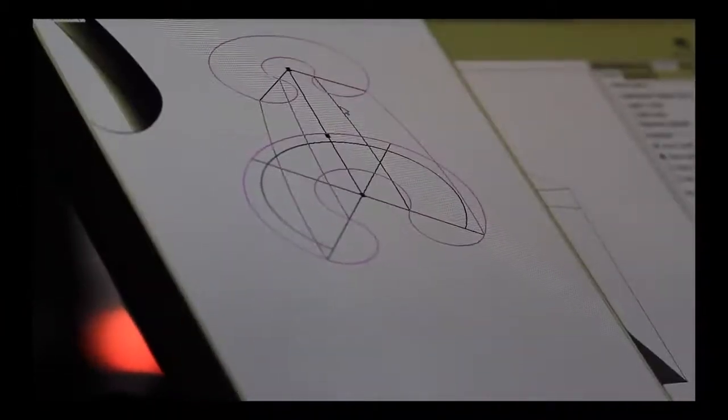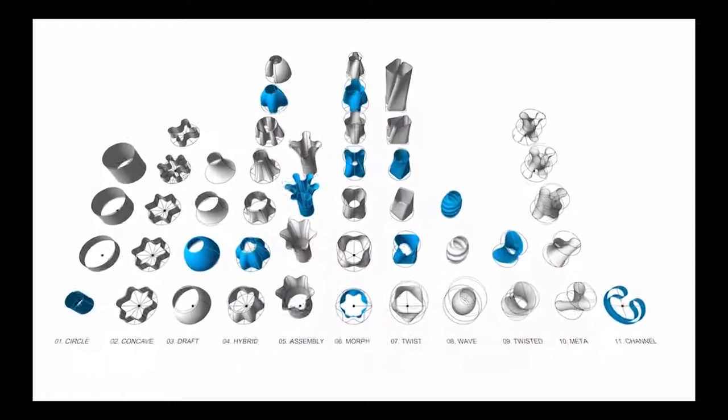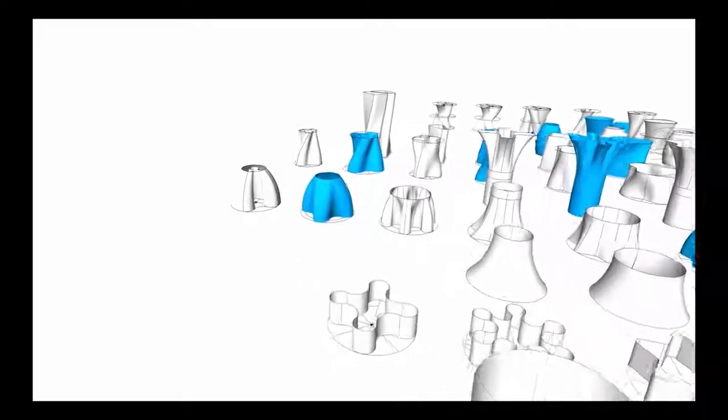This system is also connected to a form generation algorithmic environment that allows us to design the shapes and the parts that we want to print and immediately quantify and qualify how many layers, how much material, and how quickly we can generate it.